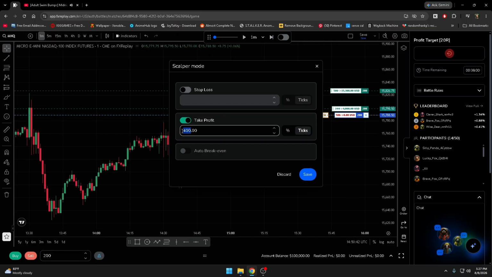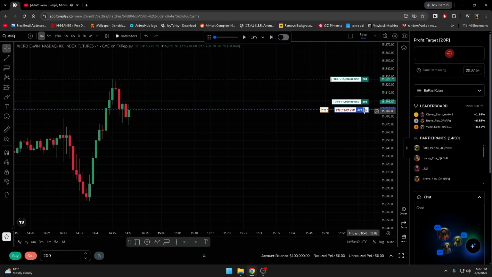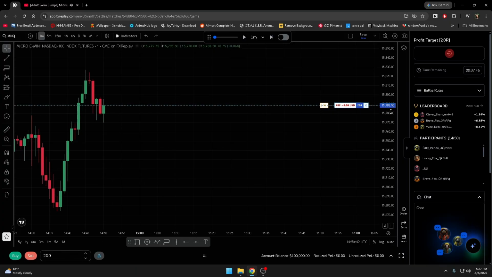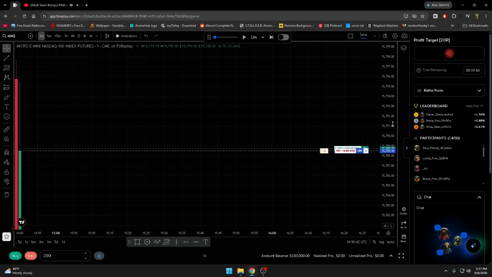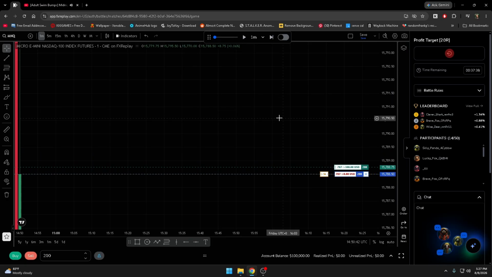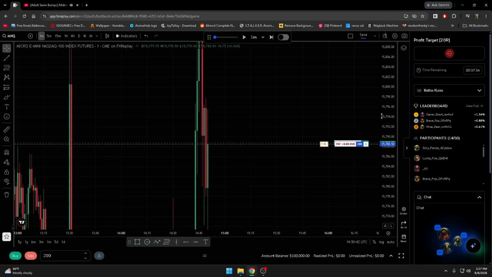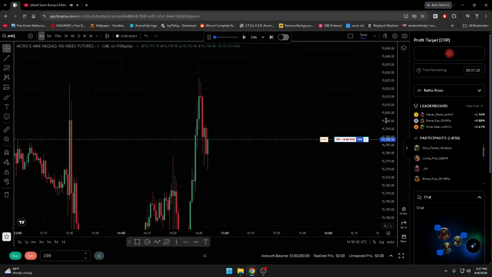I want to make sure I calculate this just right. How many points is one tick? 75 like I was thinking, so that's 25. So one tick is 25.